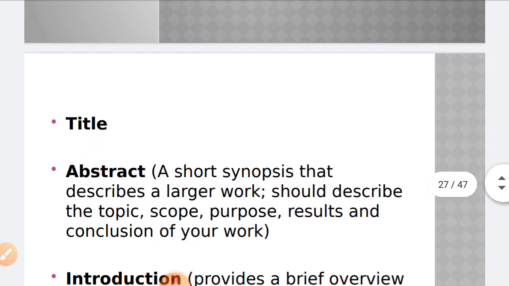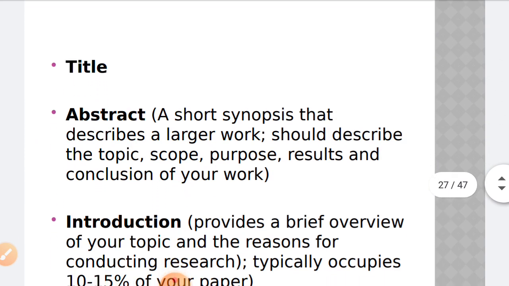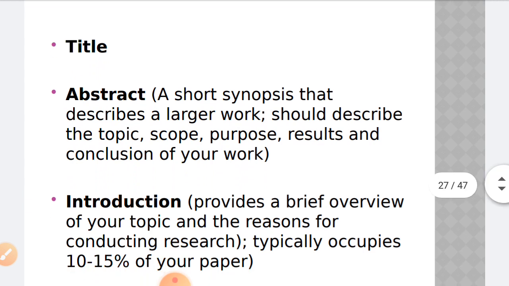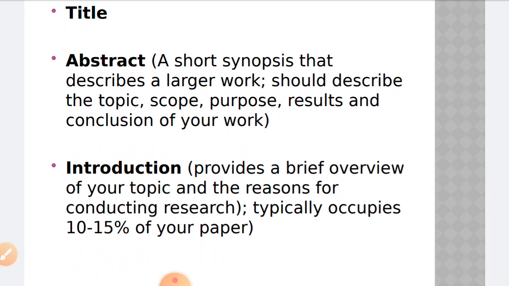Next is the format of a research paper. In a research paper, the very first important element or section is the title, followed by the abstract and then the introduction.